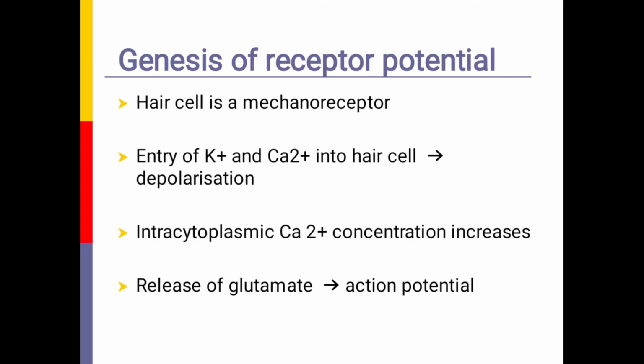Now, how is the receptor potential generated? The hair cell is a mechanoreceptor which is very sensitive to the direction and the movement of the cilia. When the shorter stereocilia bend towards the taller stereocilia, that is towards the stria vascularis, the cation channels open, which allows the entry of potassium and calcium ions into the hair cell.